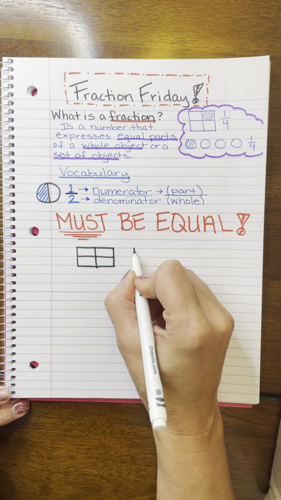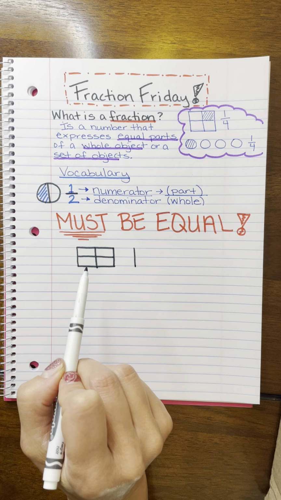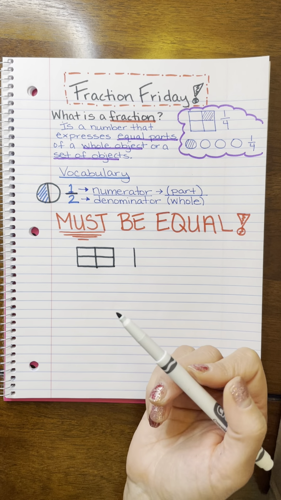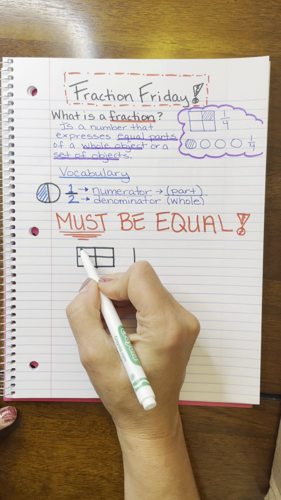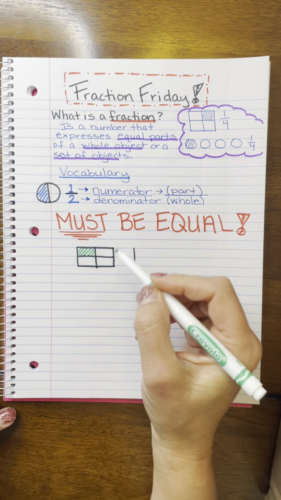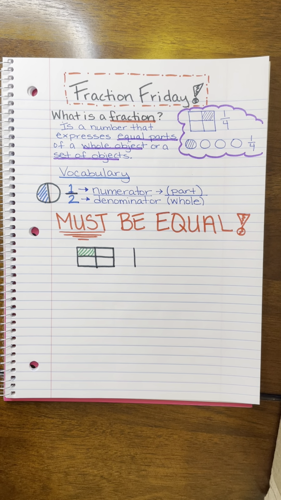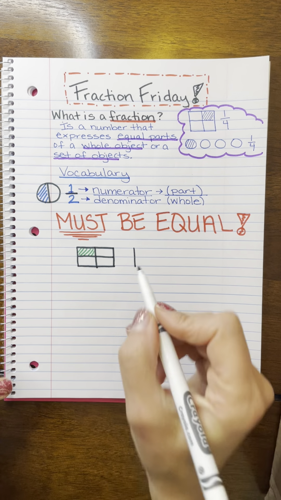If this was a brownie, I would be happy with any one of these pieces because they are all the same. This piece here is the same as this piece over here, is the same as this piece. So if kids were sharing this brownie, they would all be getting an equal amount.